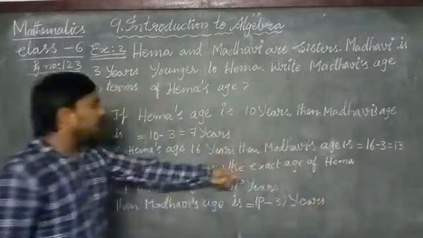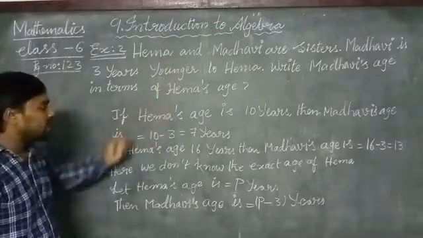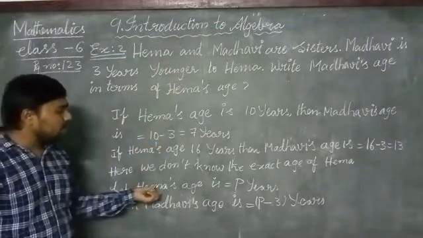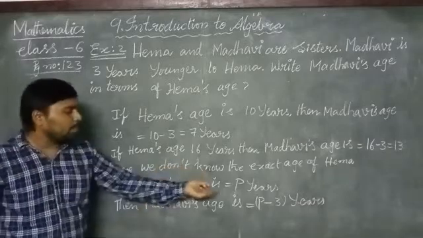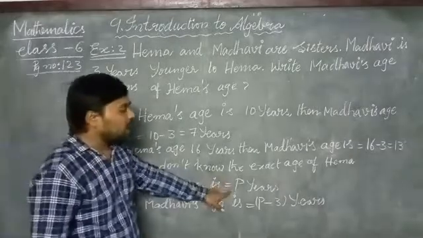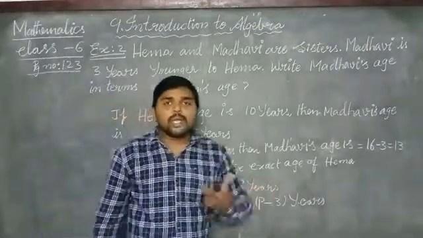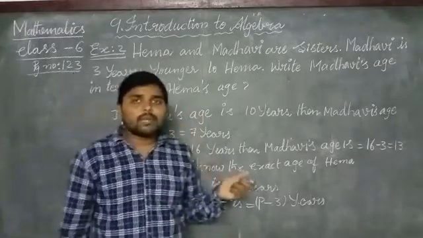Why? They have given the condition: Madhavi is 3 years younger than Hema. That is why, if Hema's age is P years, then Madhavi's age is P minus 3 years. Here, P is the variable. We can take any value. Why? Because they don't give any exact value.